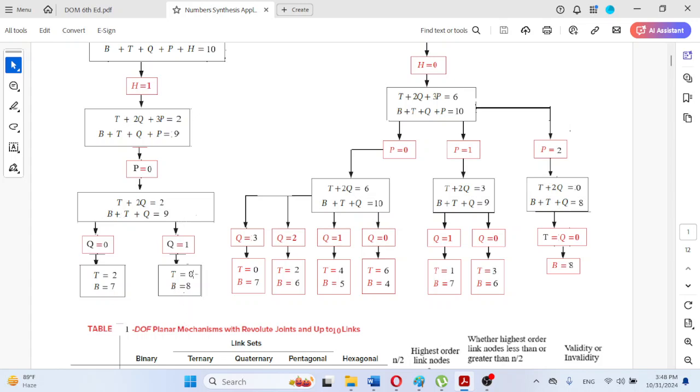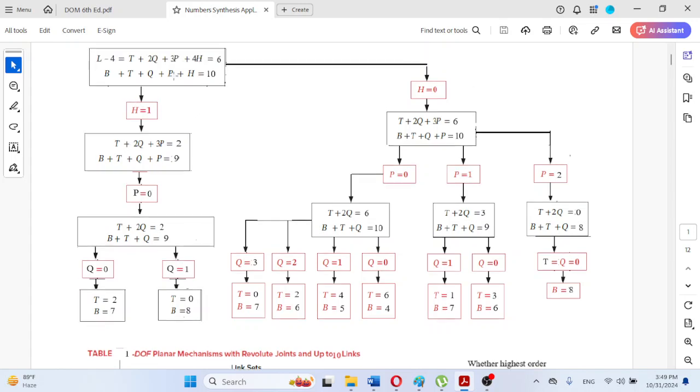So the second set will be obtained: binary 8 links, quaternary 1 link and hexagonal 1 link. So 8 plus 1 plus 1 comes out to be the total number of links, which is 10. In this way two sets have been obtained.